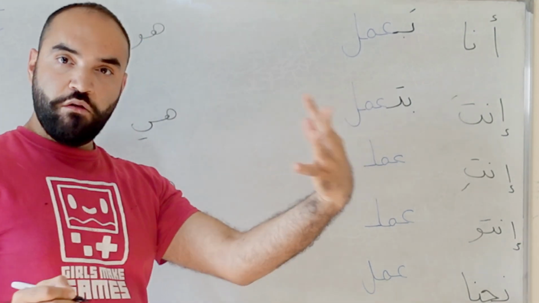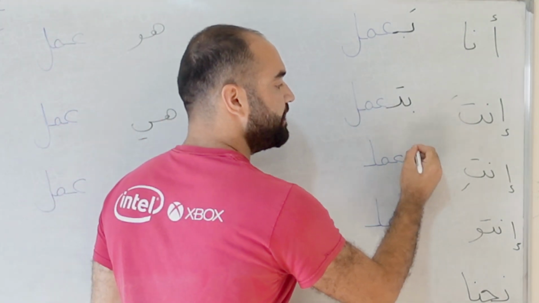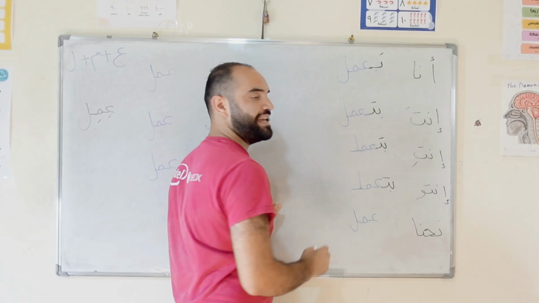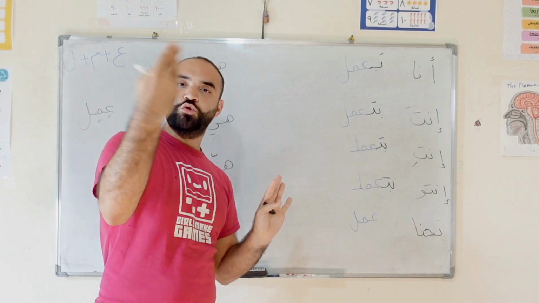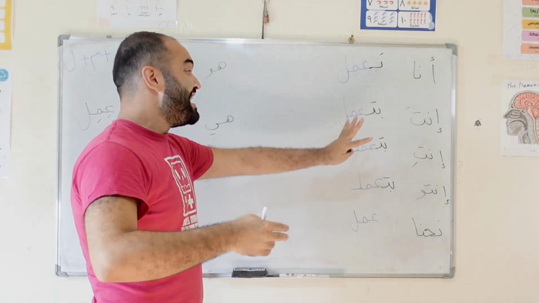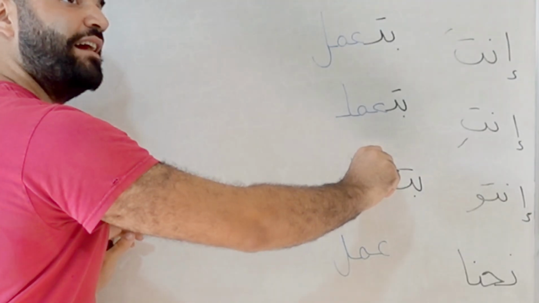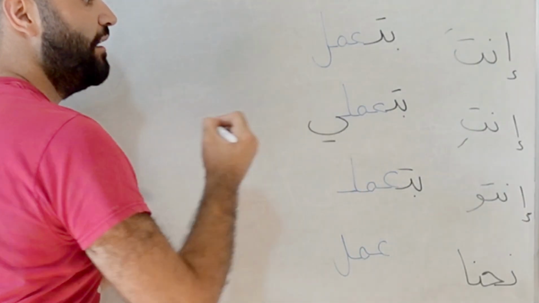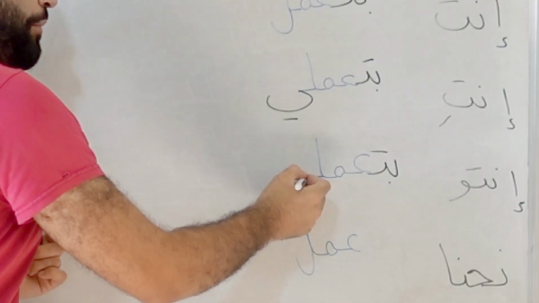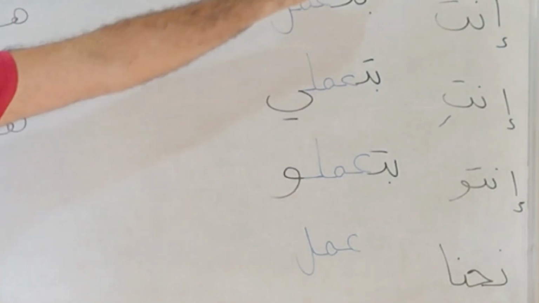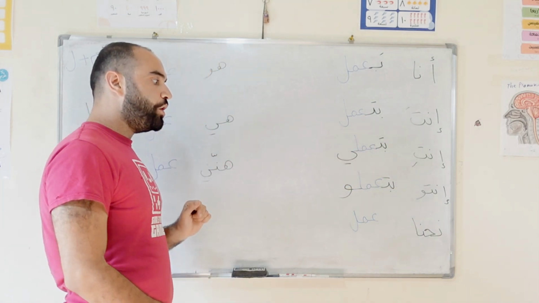For you, أنت, أنتي, أنتو, always the prefix in the present ta. How could we recognize between them? You male, you female, you plural. You male بتعمل. You female أنتي بتعملي. أنتو بتعملوا. Bravo. So you see أنا بعمل, أنت بتعمل, أنتي بتعملي, أنتو بتعملوا.